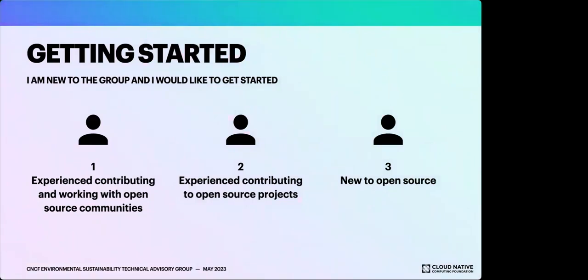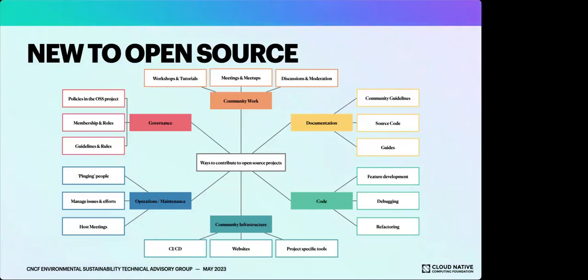And then of course, if you're new to open source, there's quite a bit new to learn. I think this gives a very interesting overview of what contributions can look like. Not everything is code. Especially for the TAG, we don't have any code. I mean, we have the website, so there's maybe some JavaScript, but we don't have a project itself.